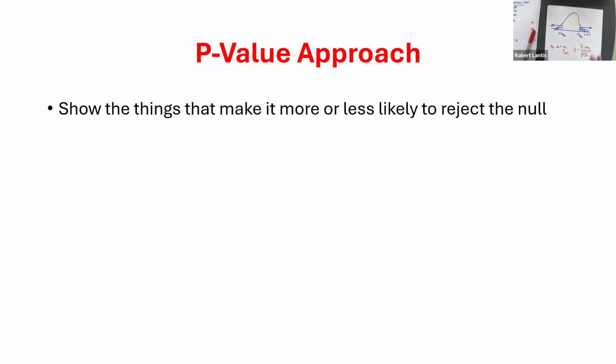Well, say I found the same sample mean. Maybe I assume the mean is 100. I take a sample and I find that the mean of whatever variable I'm looking at is 120. If I found that same sample mean, but from a higher sample size, is that going to make it more or less likely I can reject? Well, if I have a higher sample size, what happens to this fraction?